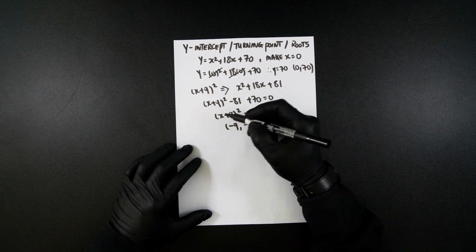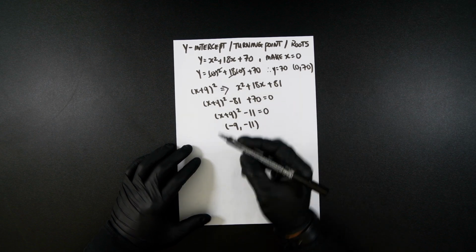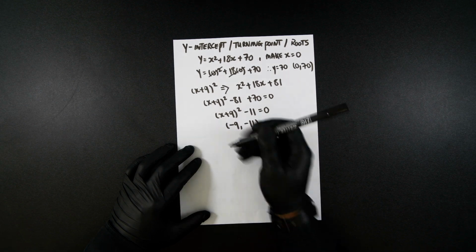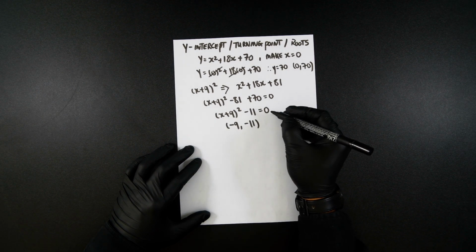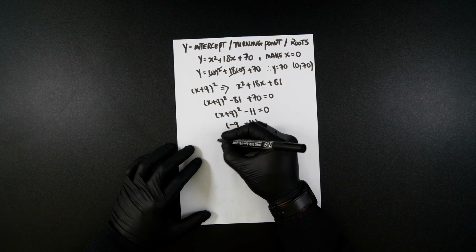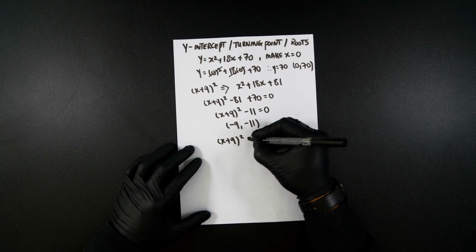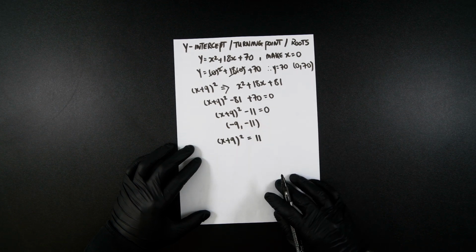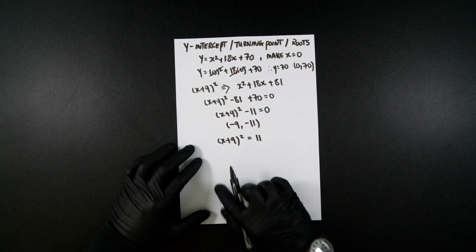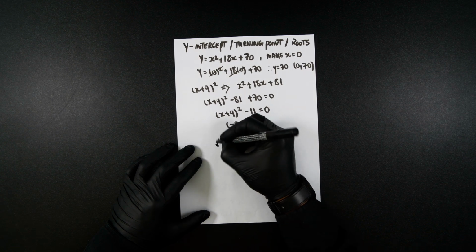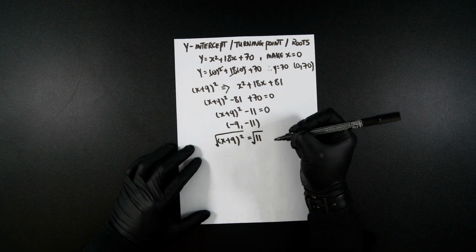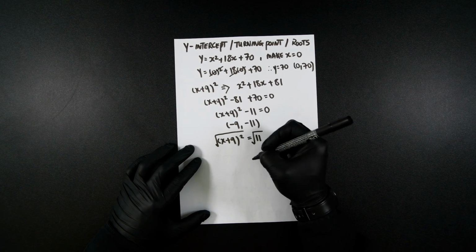Let's now continue to find out what the roots are. So we have this, and let's move this 11 to the right-hand side. So we're going to get x plus 9 squared equals 11. We can now square root both sides to eliminate this.